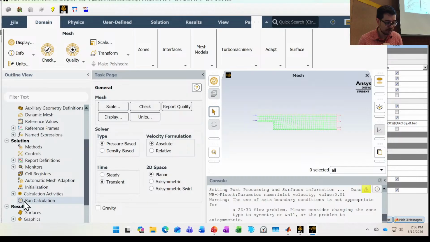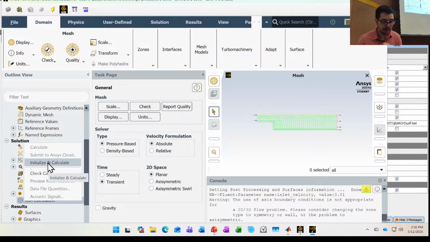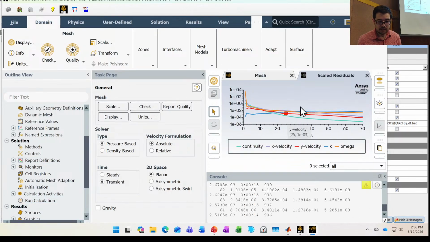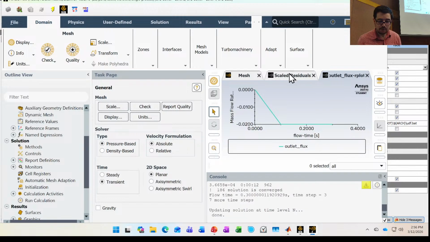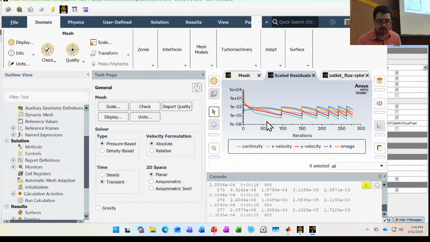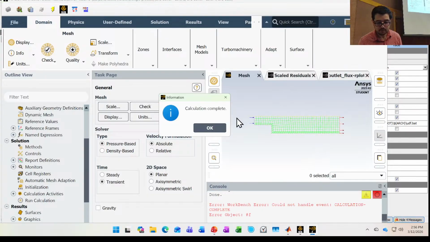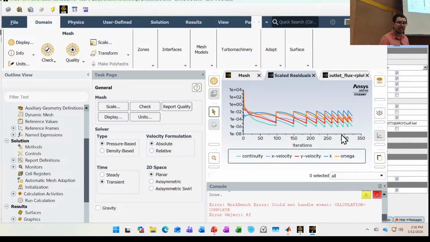I'm sure you've experienced this already. Okay, so I'm going to initialize and calculate. And look, this thing is plotting these scaled residuals. All right, it worked. Did anyone ask themselves, what in the world is going on here? Besides it looks kind of cool?